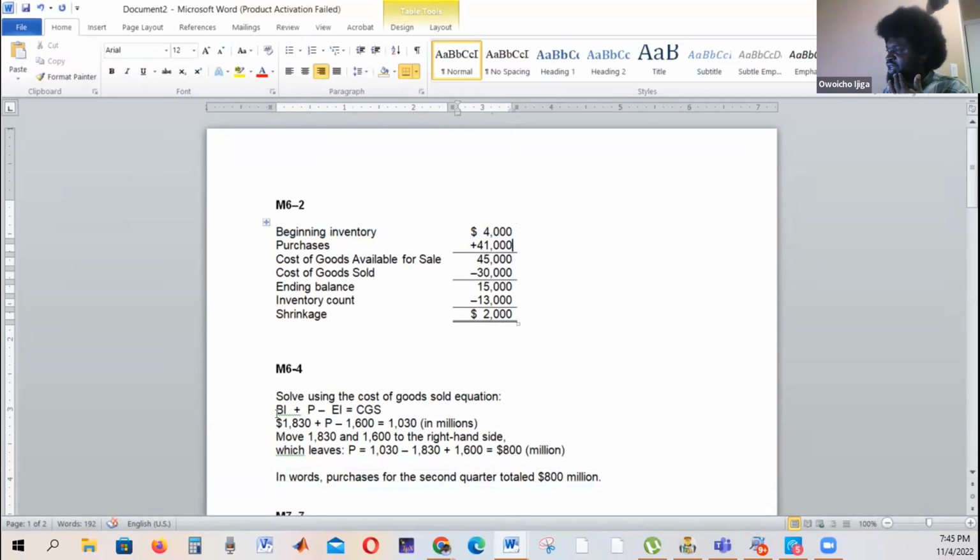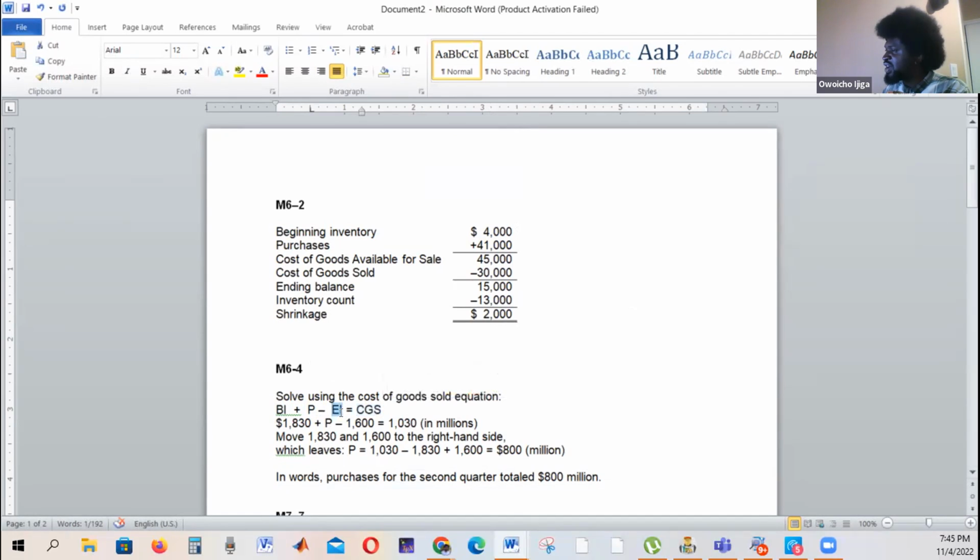$41,000. Remember, we said beginning inventory plus purchases minus ending inventory equals cost of goods sold, or beginning inventory plus purchases minus cost of goods sold equals ending inventory, depending on the inventory system, whether perpetual or periodic. The one that equals the cost of goods sold is the periodic system.